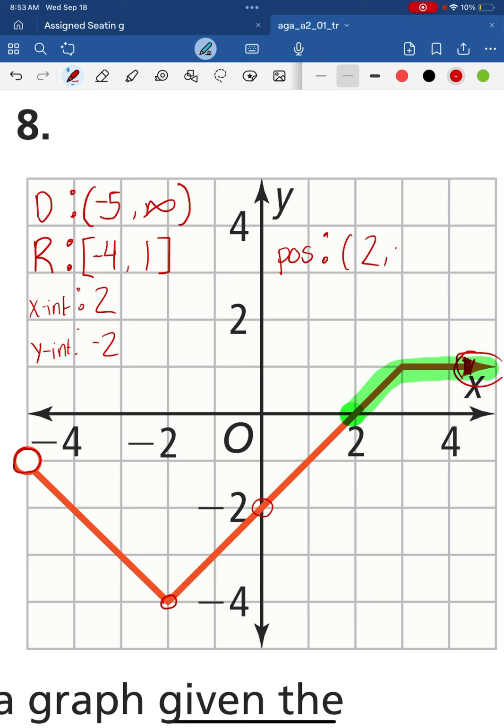So from 2 to infinity, I'm positive, because those are the only areas where my graph is above the x-axis. And then from -5 to 2, I am negative, so I'm below the x-axis from -5 to 2.